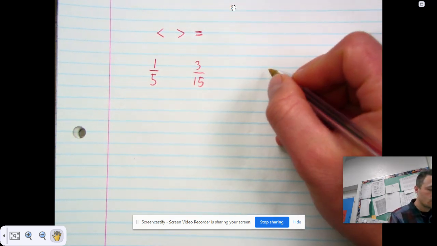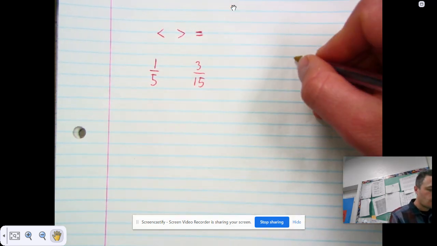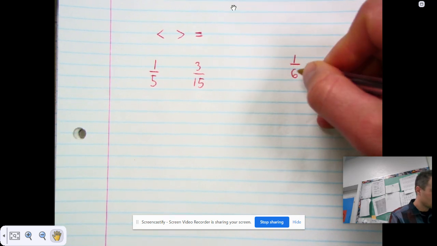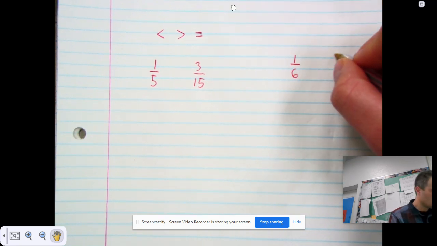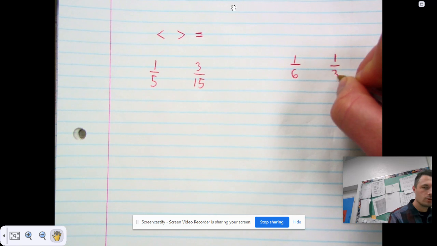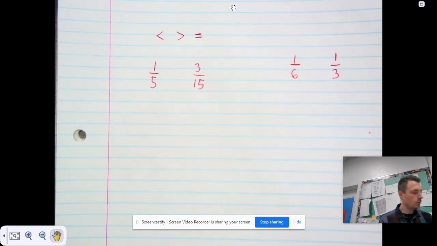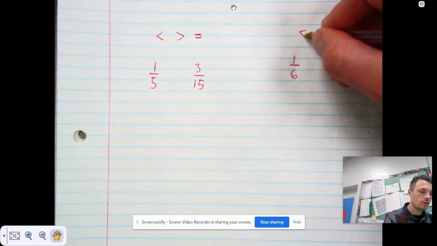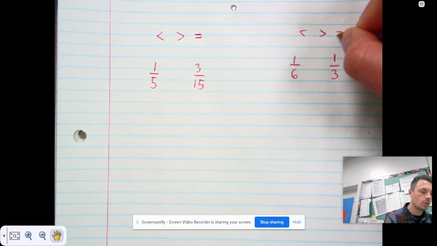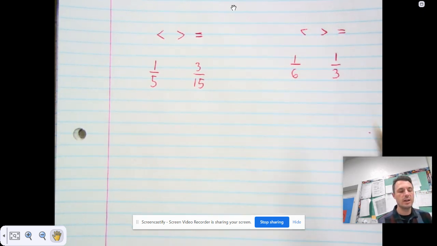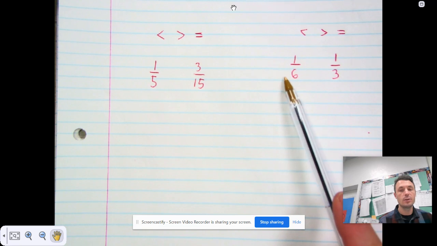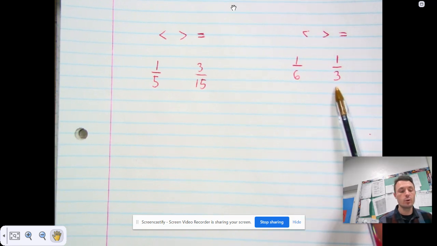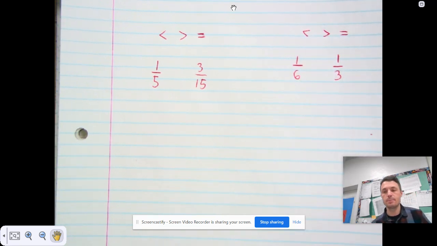And I also want you to compare 1/6 and 1/3. Okay, write greater than, less than, or equal to between the two fractions. Make the alligator mouth eat the bigger fraction, or if they're equivalent, put an equal sign between them.